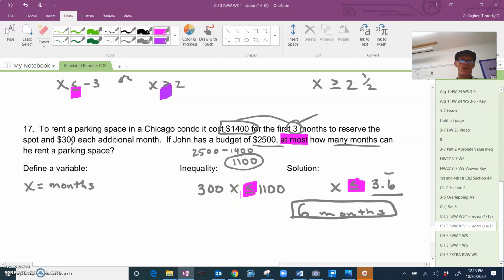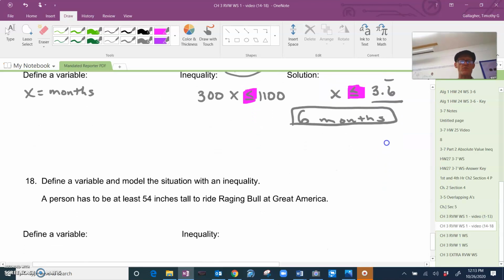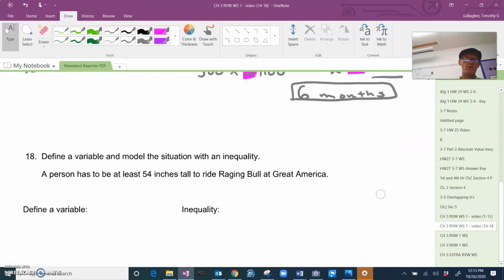Okay. All right, last problem. Define a variable and model the situation with an inequality. A person has to be at least. So at least is the key phrase. At least 54 inches means that he can be 55, but he cannot be, or she cannot be 53.